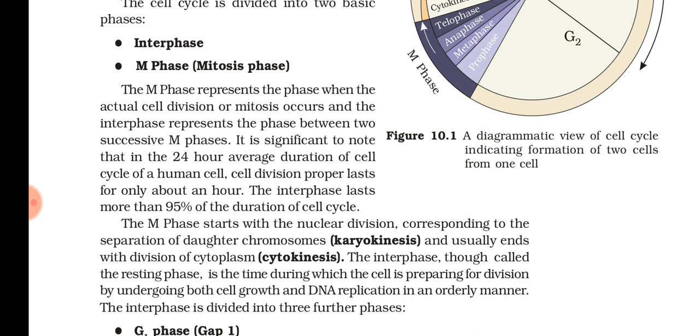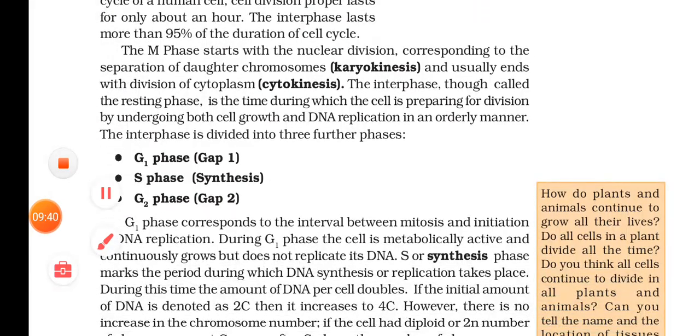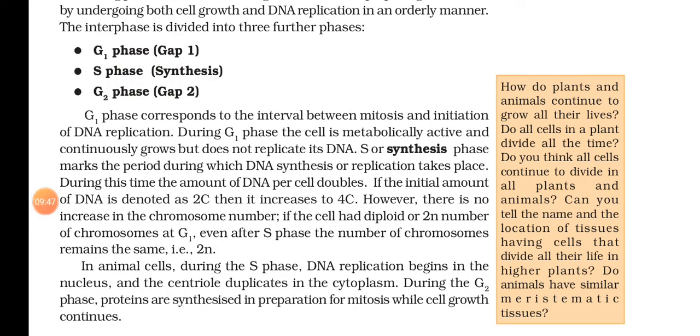The interphase is the long phase when compared to the M phase. 95% of the duration of the cell cycle is the interphase. And interphase can again be divided into three different phases: G1 phase, S phase and G2 phase. In G1 phase, you can see that it is the interval between the last mitosis and the initiation of DNA replication.